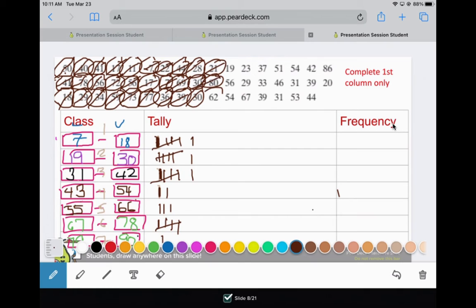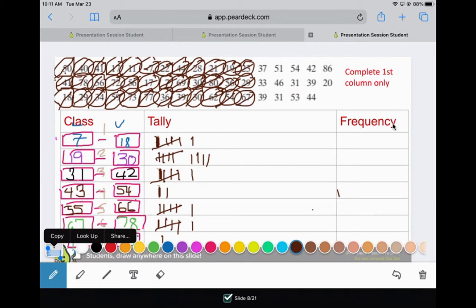Class 7. 62, class 5. 19, class 2. 56, that is class 5. 54, class 5 again. 23, class 2. 29, class 2. 67, class 6. 37. Like I said, for your summative, there are not going to be that many numbers.